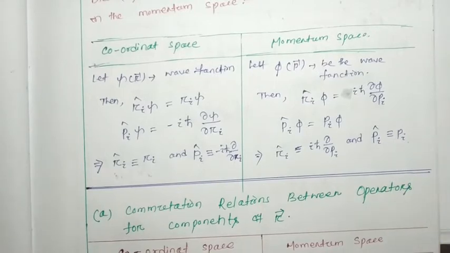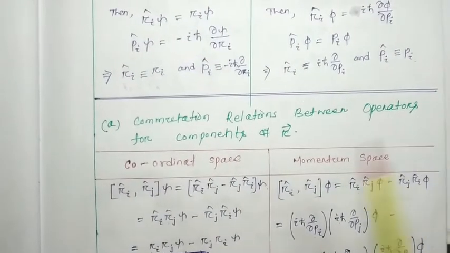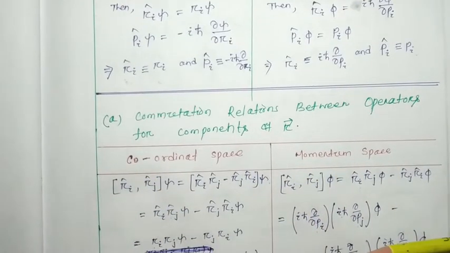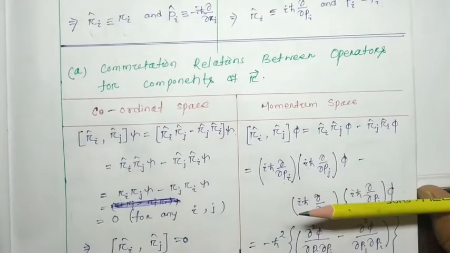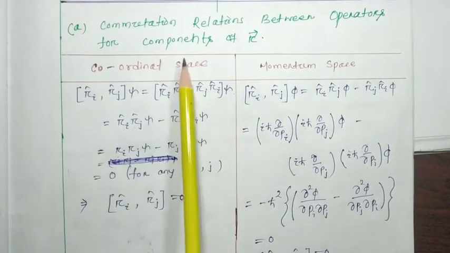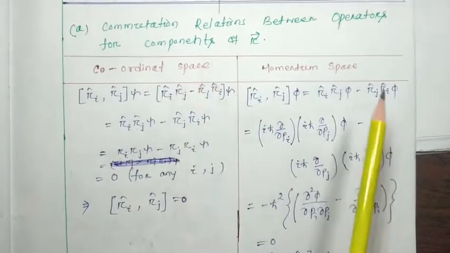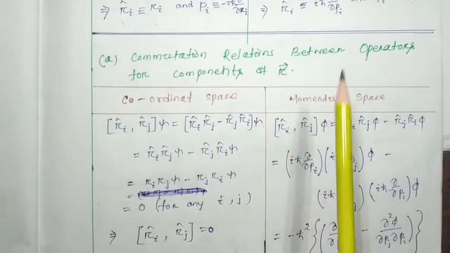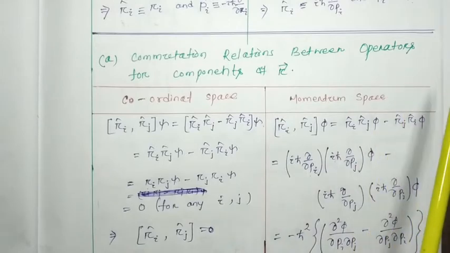Okay. Now the commutation relation between operators for components of R. Now we are going to consider the position operators first, both in coordinate space and momentum space, and the components of the position operator. In case of the position operator we have three components: x component, y component, z component.